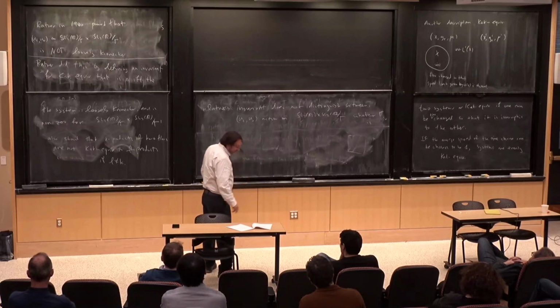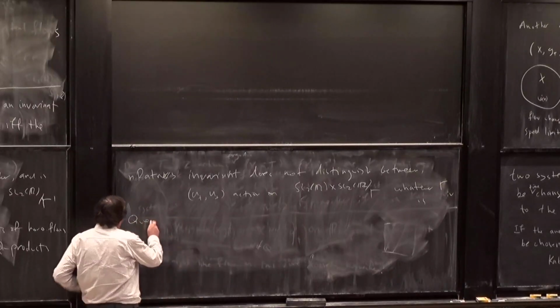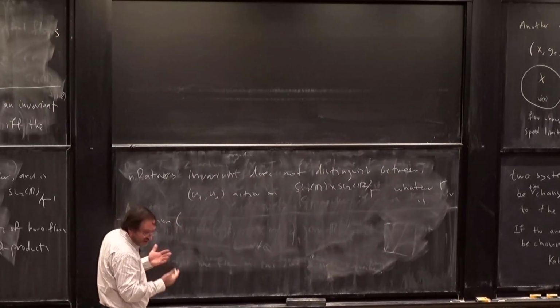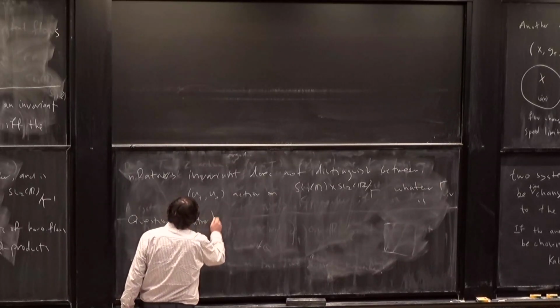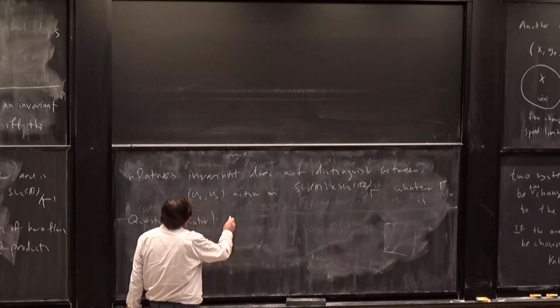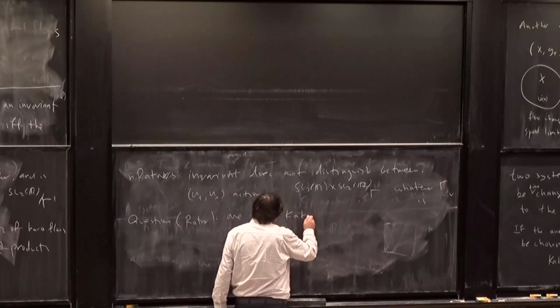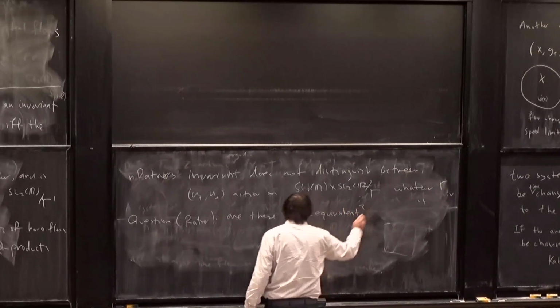And this was a question that Ratner asked, in particular in her ICM address from 94, probably around also earlier: are these Kakutani equivalent? The invariant is the same.